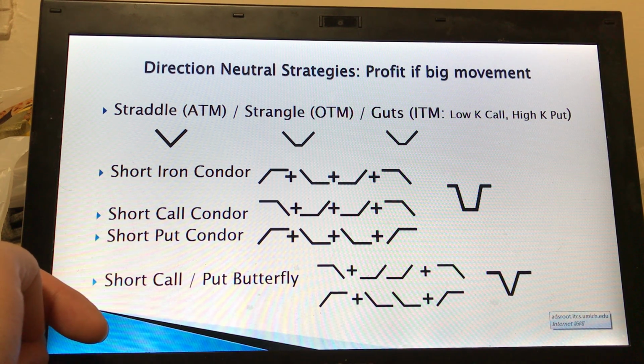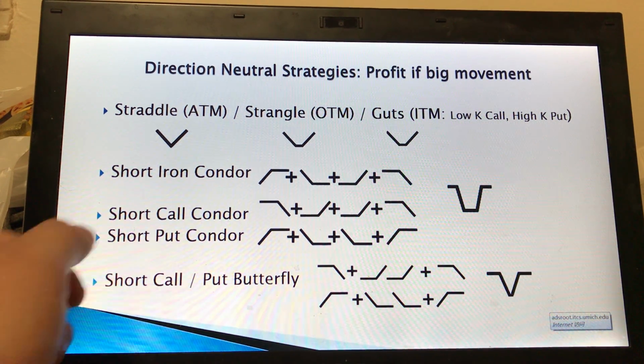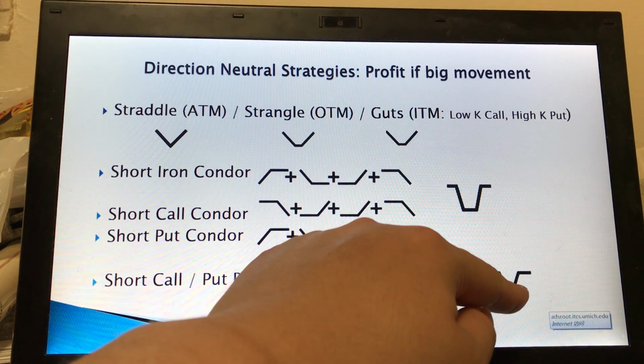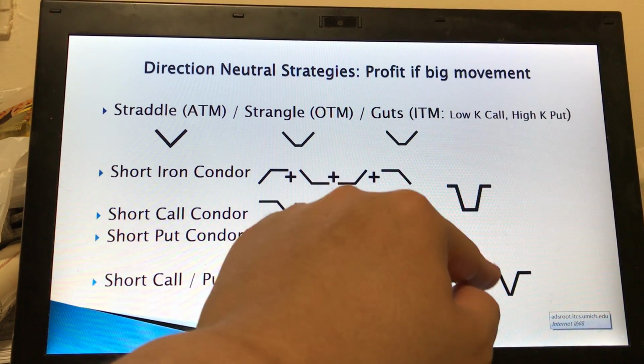So if you're highly confident about the market, then feel free to move to a more aggressive position, such as a higher position like this.